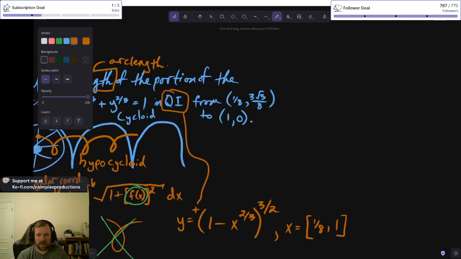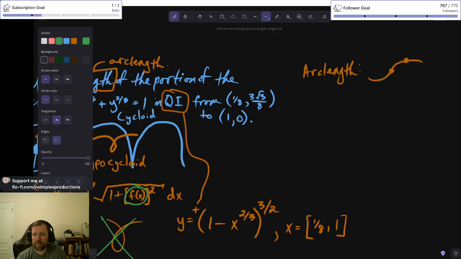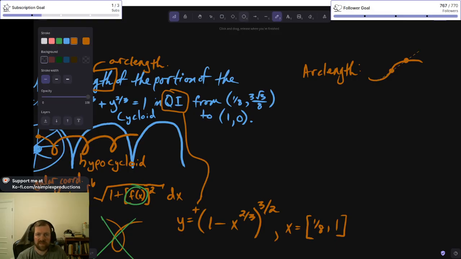So reminder on arc length, again, when you're working with rectangular coordinates, we were looking at some curve like this, and then infinitesimally, we want to look at what's going to happen when we draw a line.